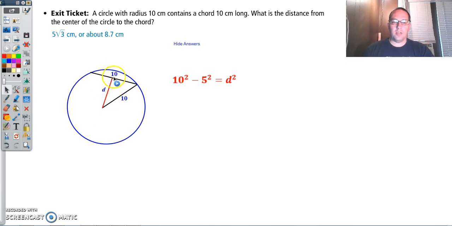This distance here is going to be coming from the center, so this is coming off of the diameter, so it's perpendicular. So it's the perpendicular bisector of the chord, so I'm going to be using 5, half of the chord. So we've got 75 equals d squared, so d is the square root of 75, which is 5 square roots of 3, or approximately 8.7.